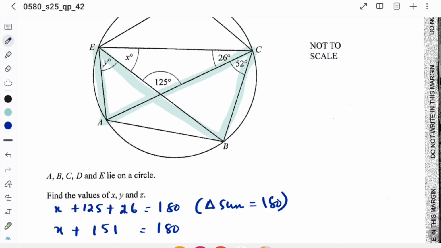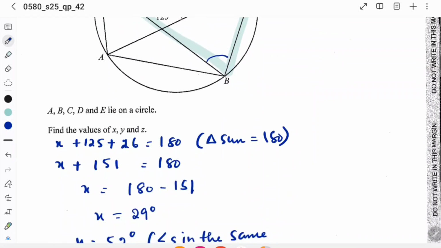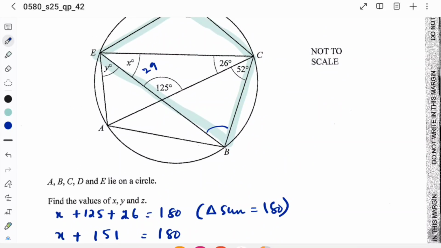Whenever we look at the z part, z and this angle are in the cyclic quadrilateral. So we can easily find the value here. We have found that x equals 29. Now it's easy for us to calculate the value of angle B. Let's consider the triangle EBC.